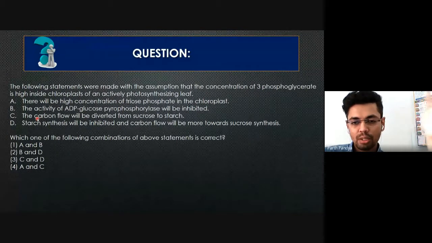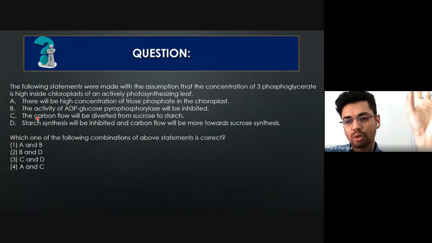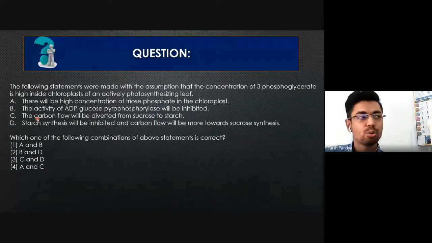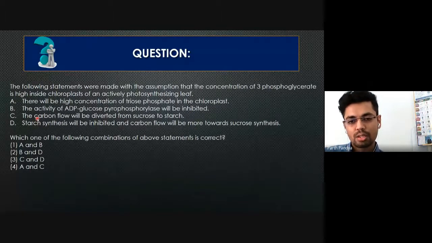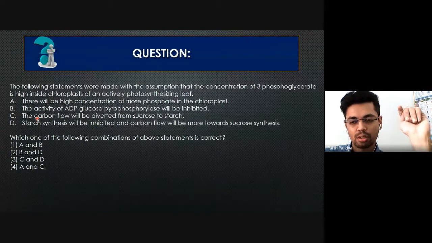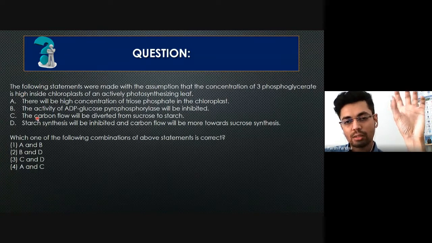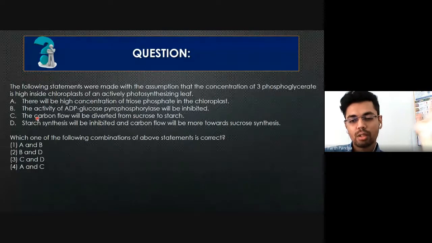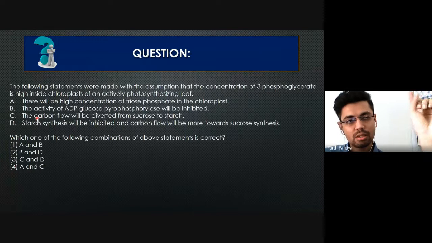The carbon flow will be diverted from sucrose to starch. There is no such mechanism that if phosphoglycerate is formed, or is found more, the flow shifts from sucrose to starch. That is not a mechanism. The fourth one: starch synthesis will be inhibited and carbon flow will be more towards sucrose synthesis. If there is a lot of starch in the cell, it needs to be accumulated, so synthesis is inhibited.